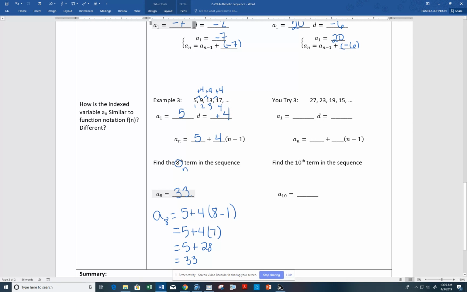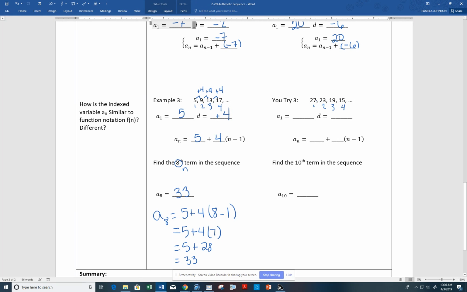You try number 3. Find your first term, your common difference, fill in your explicit formula, and then find the 10th term. I'm going to give you a second, so pause the video. And when you unpause it, we will make sure you have the correct answer. Okay, so you should have unpaused the video by now. 1, 2, 3, 4.